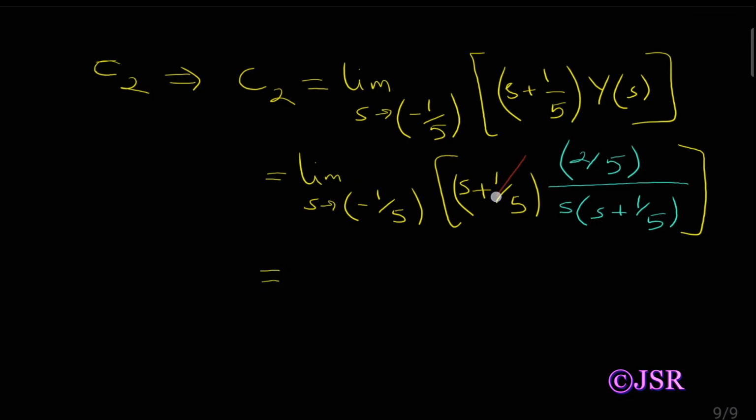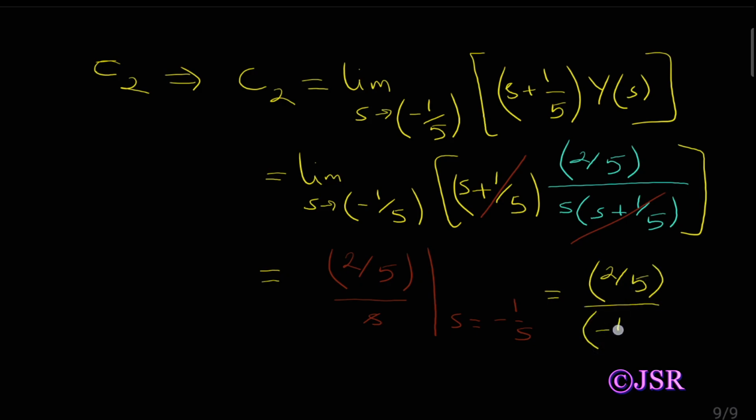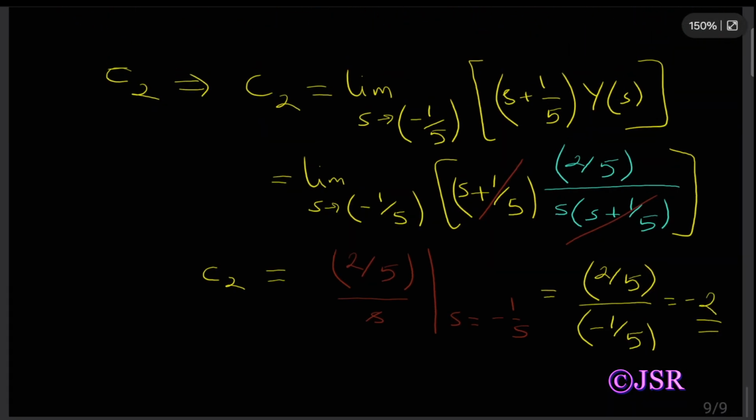So finally this s plus 1 by 5, s plus 1 by 5 will cancel out and we will get 2 by 5 upon s, and here we will put s is equal to minus 1 by 5. So finally we will get 2 by 5 upon minus 1 by 5, and that will be minus 2. So C2 is minus 2, C1 is 2.